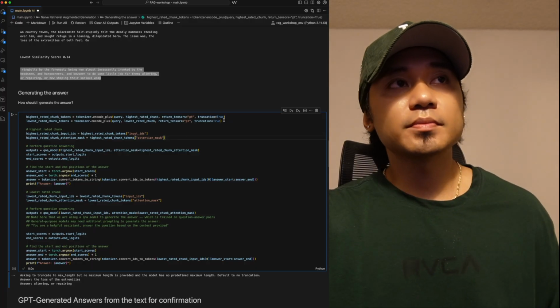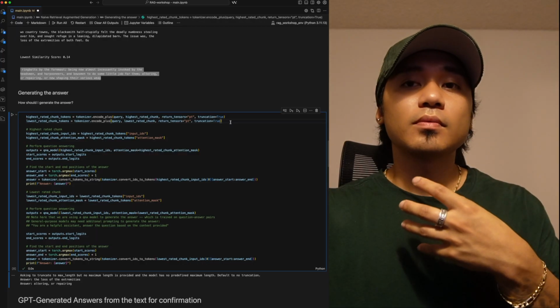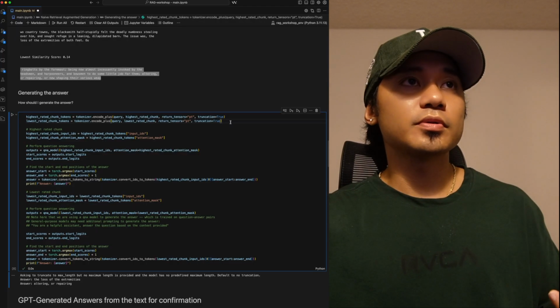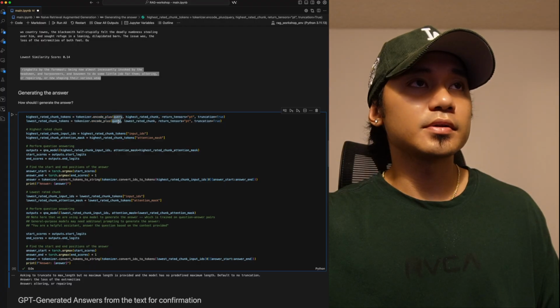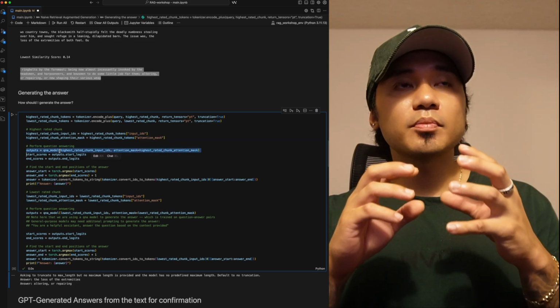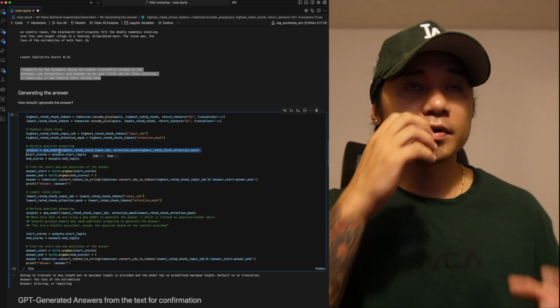Here I have some code that uses a Q&A model to try and detect where the answer might be in those chunks according to the query. We're just going to tokenize the query and the chunks, and then get the attention mask and the input IDs. We're trying to get the portion of where we think the answer might be within the context, or within the chunk.